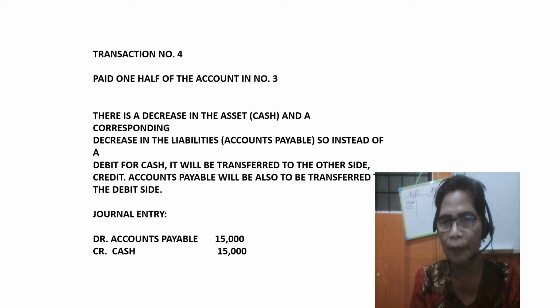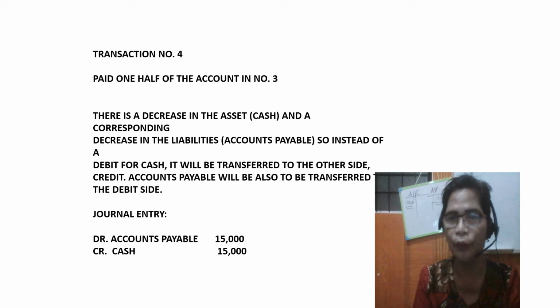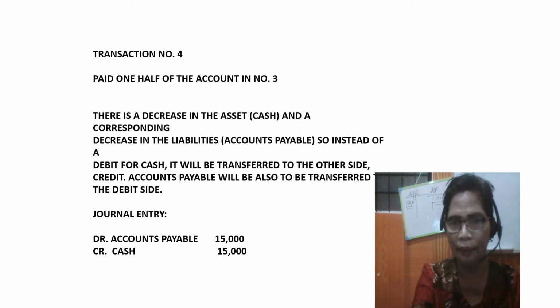Our journal entry: debit accounts payable because it is decreased. Its default setting is supposed to be the right side, but this time it is decreased, so we are going to put it on the debit entry, or the left side. Just the same with our cash. The default setting is left or debit, but this time it is decreased, so we are going to transfer it to the right with a credit entry.